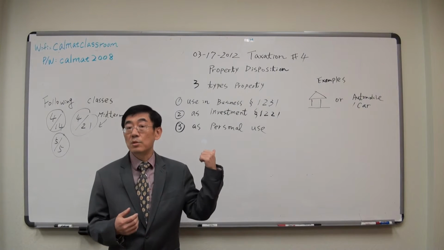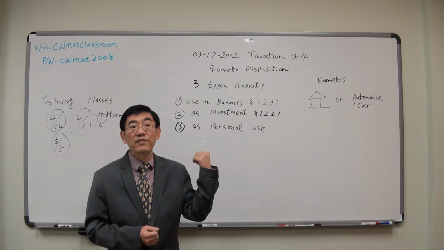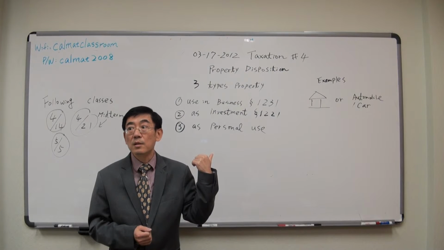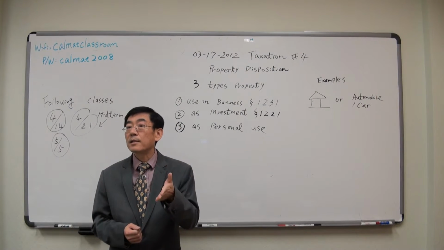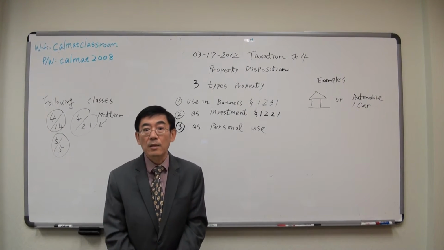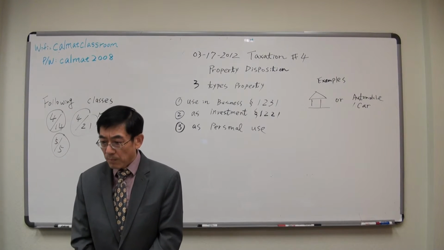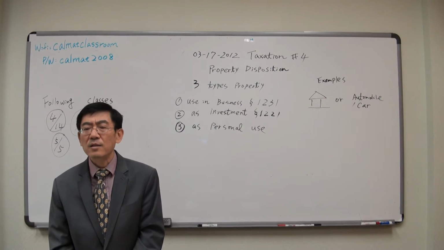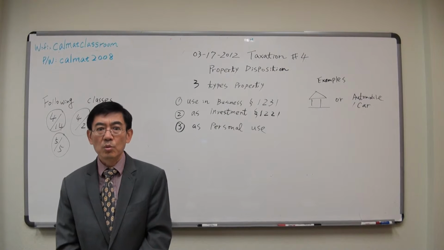Then we go to those three categories. Very important. Okay, very important. In order to calculate the tax or capital gain. By the way, I keep on saying capital gain, which is not 100% true.